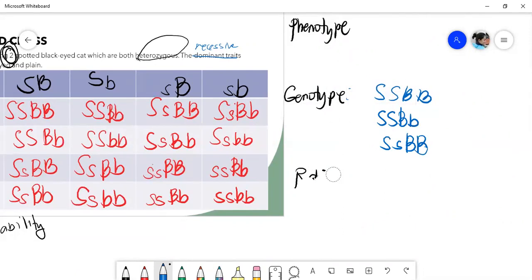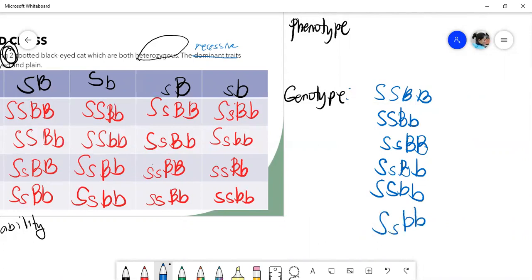Let's remove the ratio there first. Okay, next. S, S, B, E. So, what else? We also have your S, S, B, B, and then your S, S, B, B. Okay, again, S, S. Oh, what else?